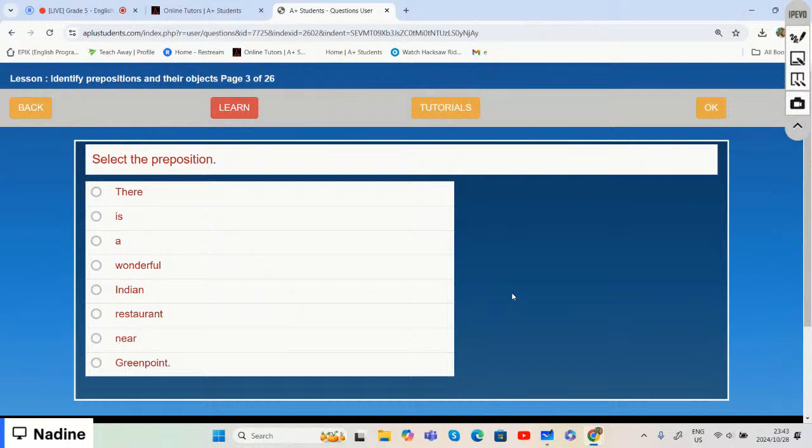What is our preposition within that sentence?